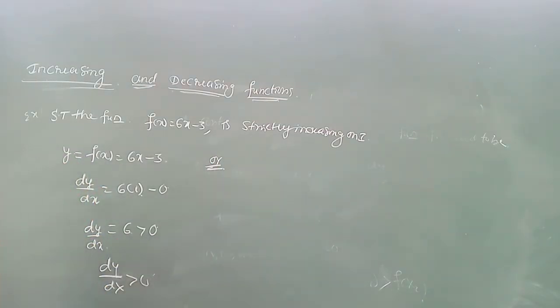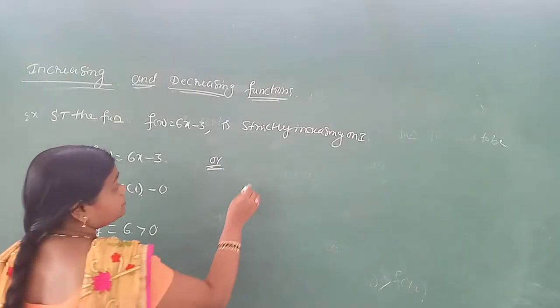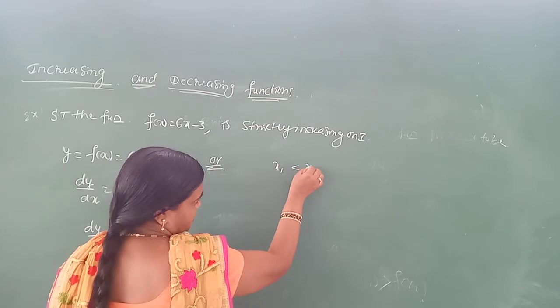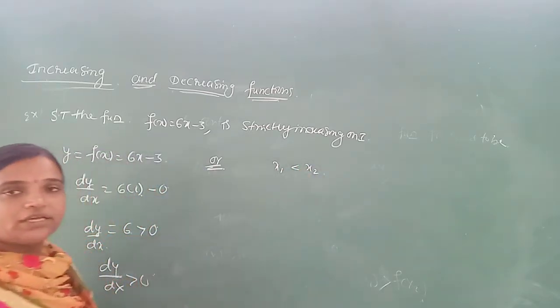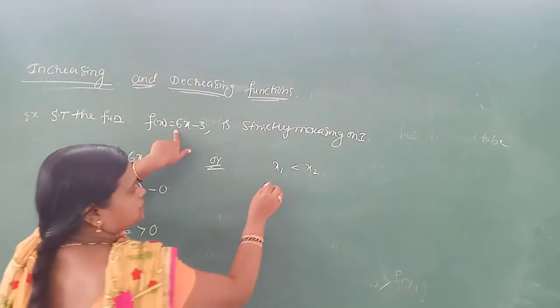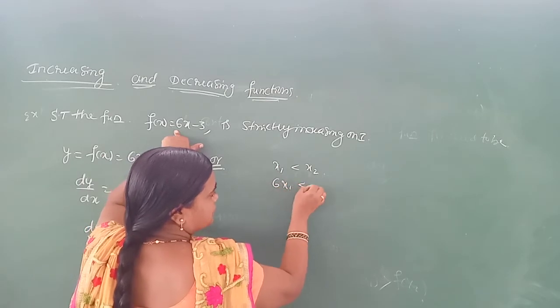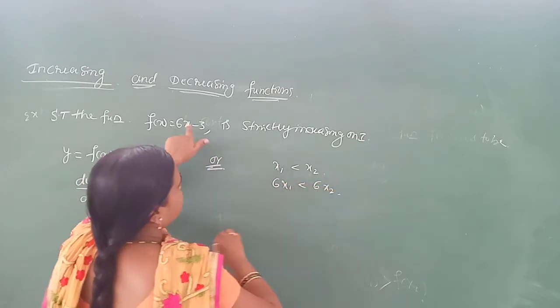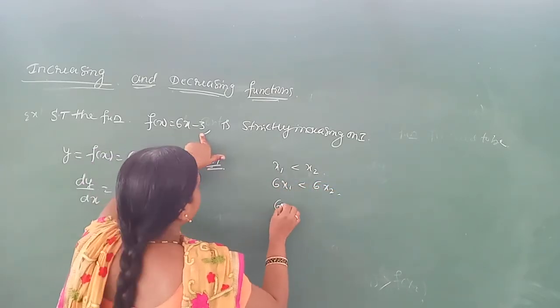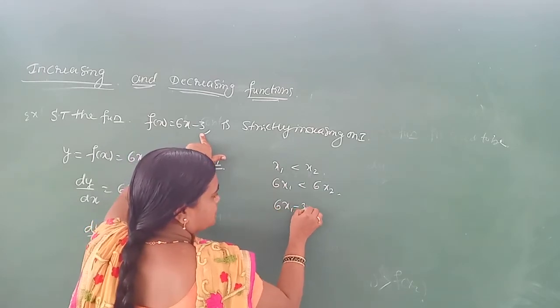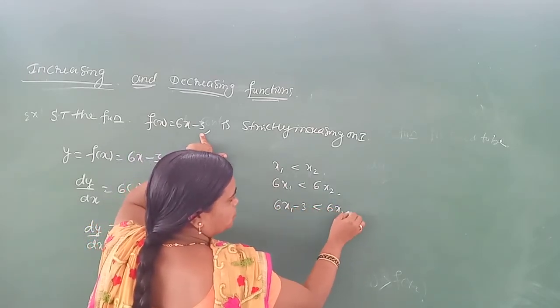If I take the other one, we try x1 less than x2. Okay. Next, which is given 6, therefore multiply: 6x1 less than 6x2. Next, which constant is there? Minus 3. Therefore, 6x1 minus 3 is less than 6x2 minus 3.